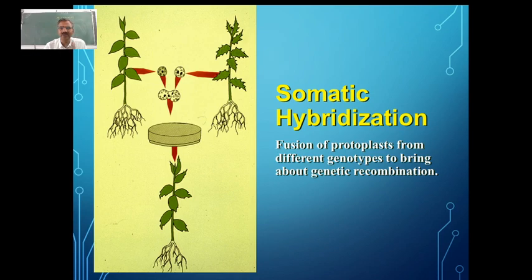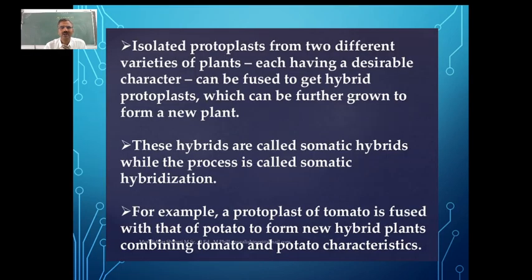How exactly do we do it? Again you can see the isolated protoplasts from two different varieties of plants, each having desirable characters, are going to be fused here. These hybrids are called somatic hybrids, while the process is called somatic hybridization. As I told you, we have the example of tomato and also potato.